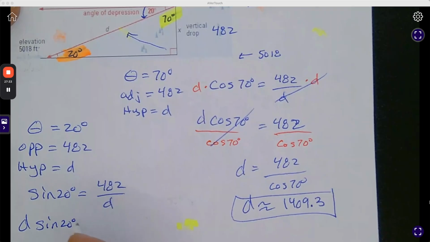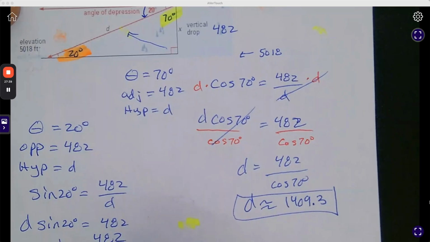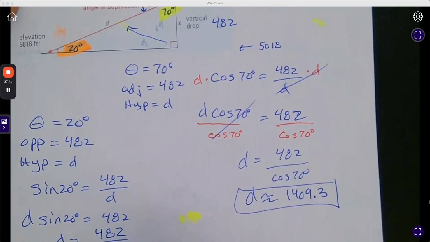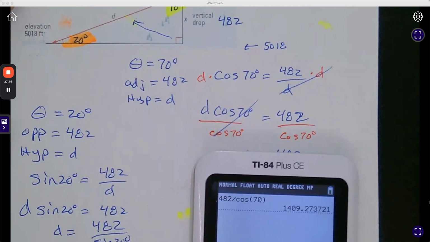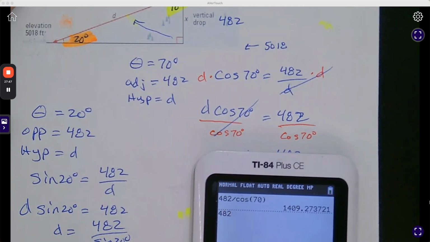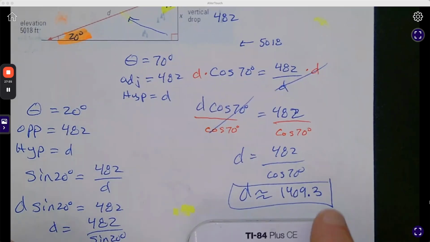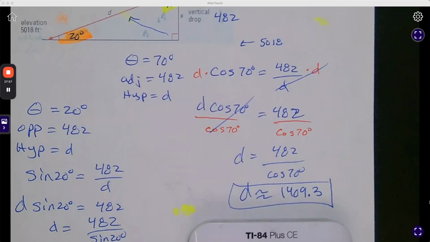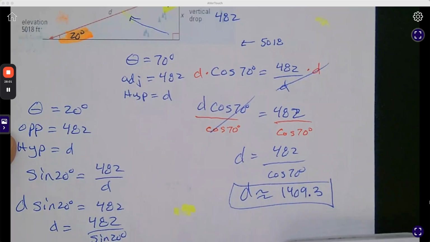I'm going to do the quick version, and then divide by sine of 20. Watch what happens. Ready to be amazed. The magic of mathematics. 482 divided by sine of 20. Oh my gosh, look at that, people. It's the exact same answer, right? I love that.